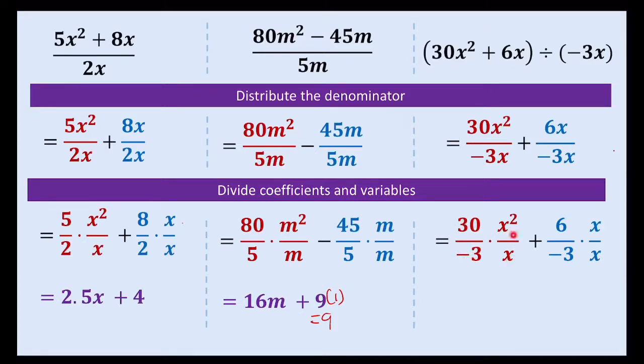How many x's fit in x squared? x squared divided by x here is going to just give you 1x. Then 6 divided by negative 3, and x divided by x. Right? How many x's fit into this x? Well, 1 does. So negative 10x minus 2.